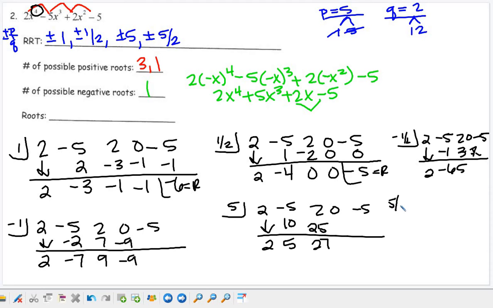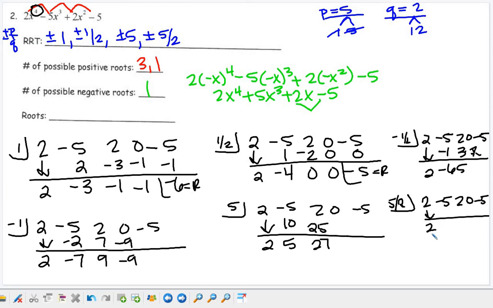So let's try 5 over 2. So 5 over 2, 2, negative 5, 2, 0, negative 5.